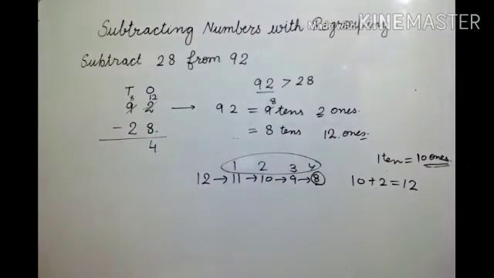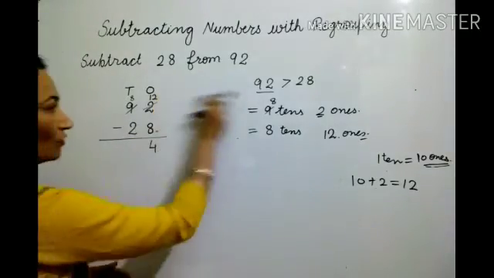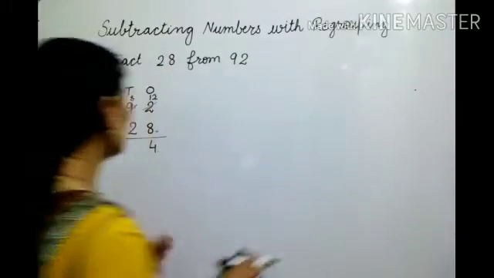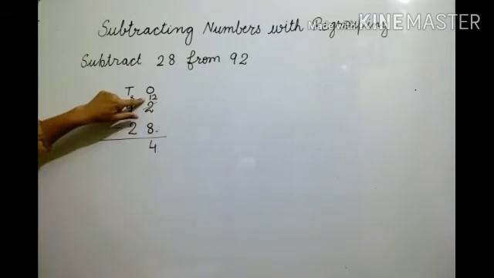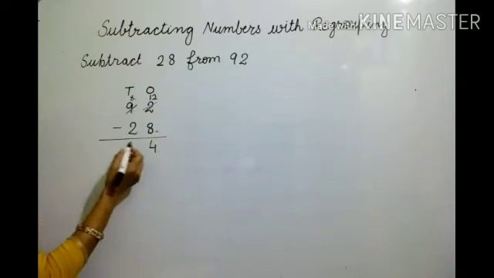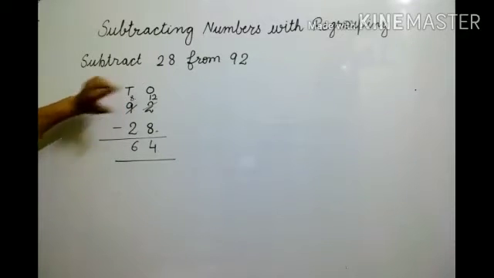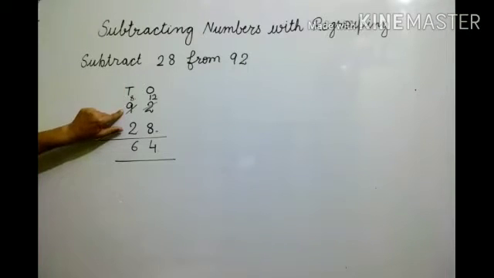Means 12 minus 8 is 4. So we can do it in both ways. Then 8 minus 2 is 6. In this way we do subtraction with regrouping, which we call taking borrow from the tens place digit.